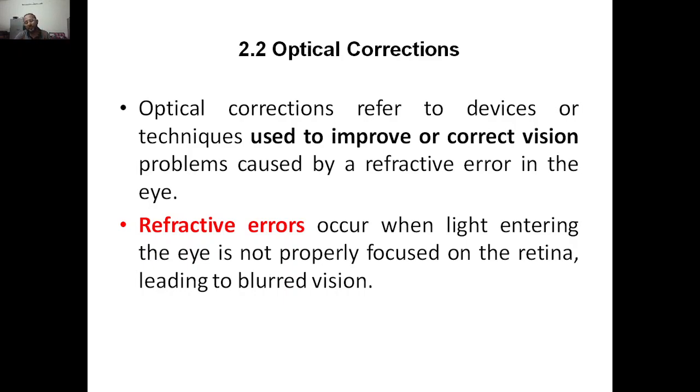Usually, whenever these issues are there, for example when a person starts seeing blurred images, you need particular techniques or devices to check your eye. So you usually go for an eye checkup, and they put different lenses and ask you to read out some alphabets or images they show you.